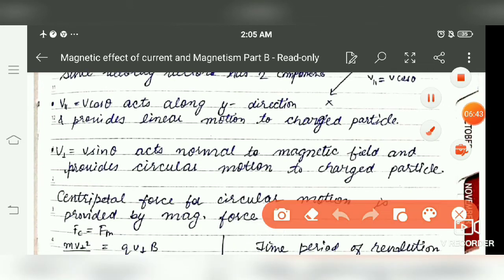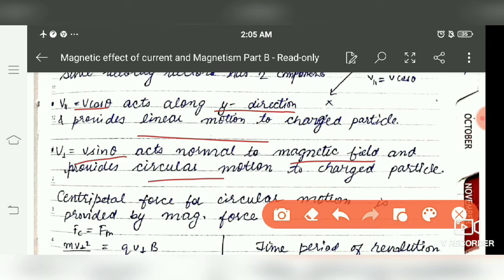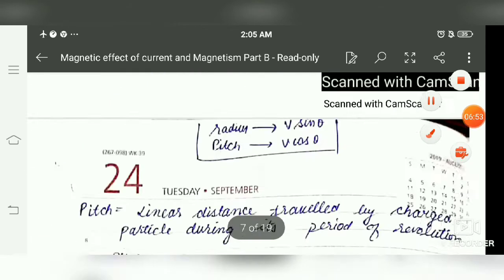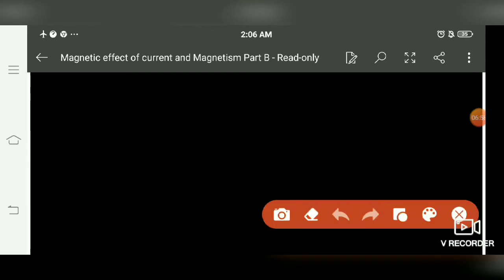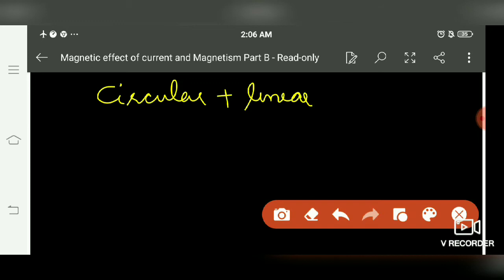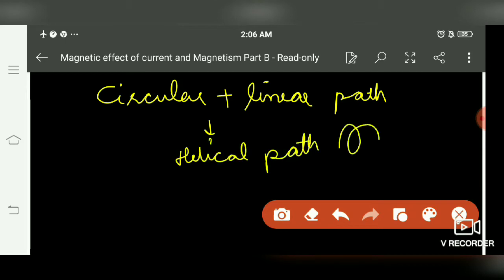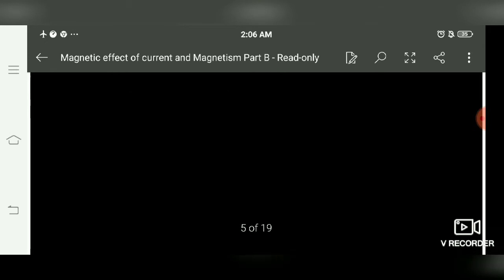So v cos theta acts in the y direction and provides linear motion. v sin theta acts in a perpendicular direction and provides circular motion, due to which the addition of circular plus linear path will produce in return a helical path.